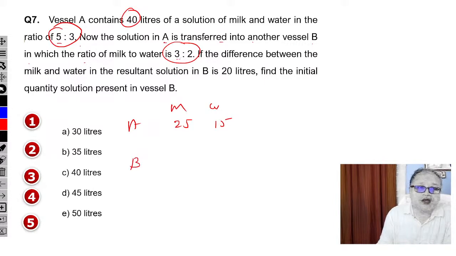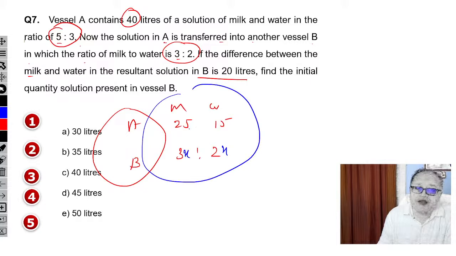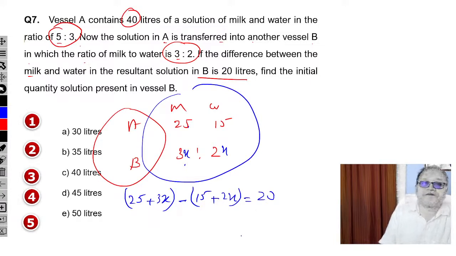And in B, the milk and water is in the ratio of 3:2. These two are poured and mixed up, and the difference between the milk and water in the resultant mixture is 20 liters. So you can consider B as 3x and 2x, and the difference of milk and water in the combined is (25 plus 3x) minus (15 plus 2x), which is equal to 20, as given to you.